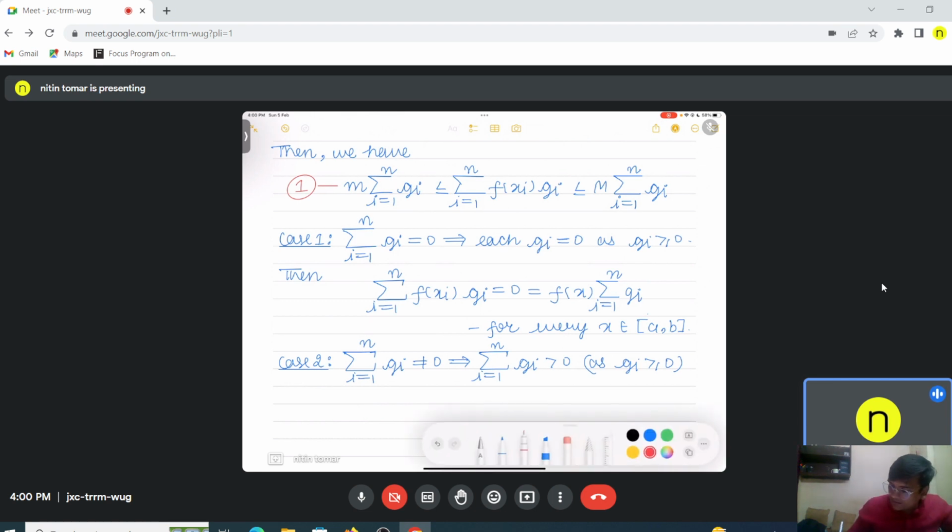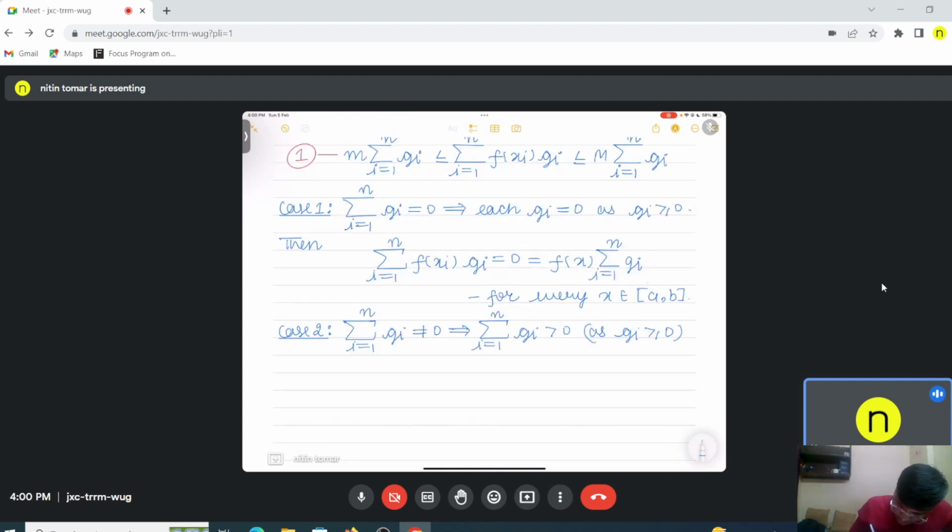Now we can divide each side in equation 1 by summation gi.